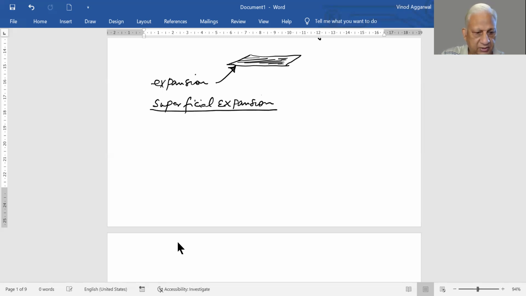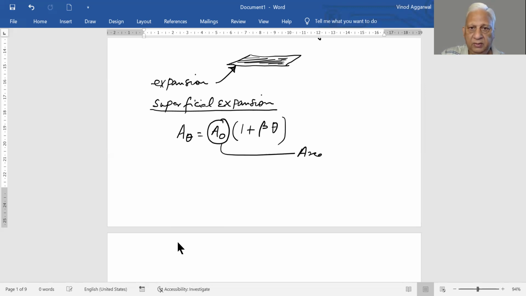And like linear expansion, this is also defined very similarly. A0 is the area at temperature, let's say T0, at which the area was taken as A0, and this is the area at temperature theta.